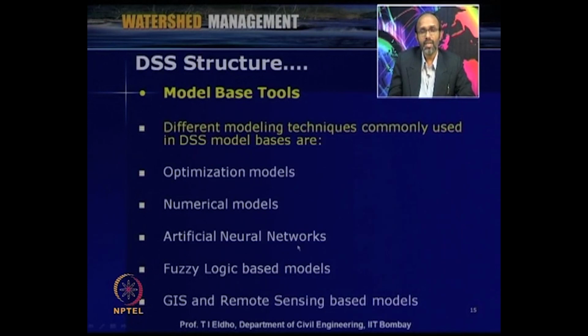Then artificial intelligence techniques like artificial neural networks, genetic algorithm, then fuzzy logic based models. Then of course, geographic information system and remote sensing based models are also nowadays used when we have to deal with a large database or larger area like a river basin or a watershed, which we have to deal with generally.